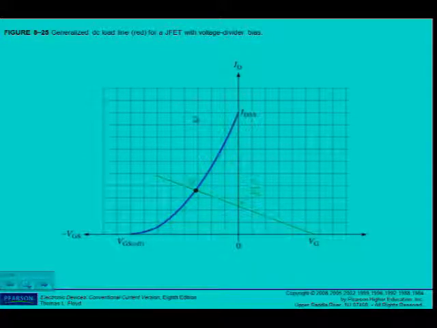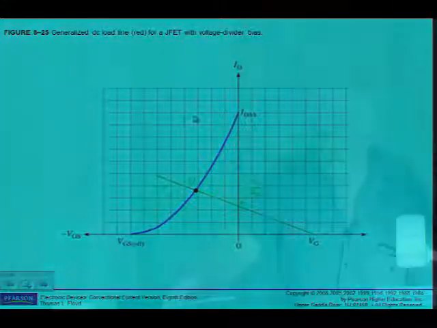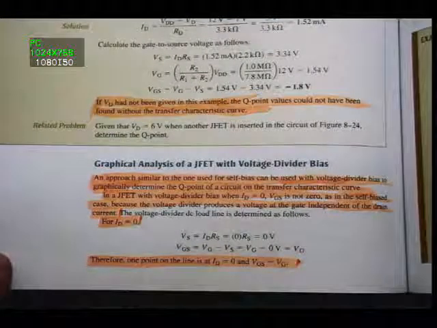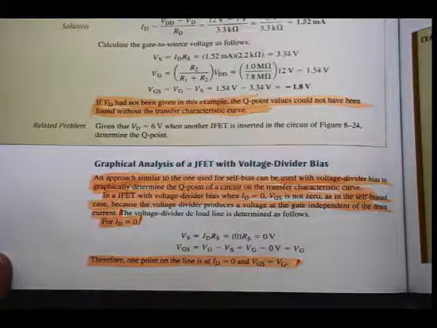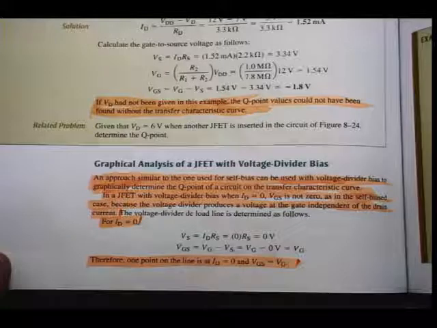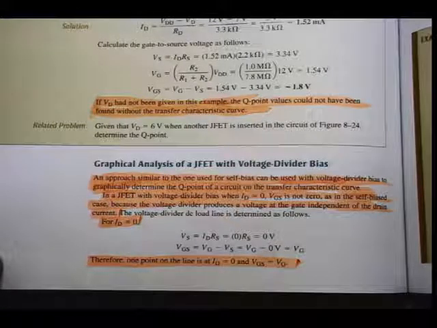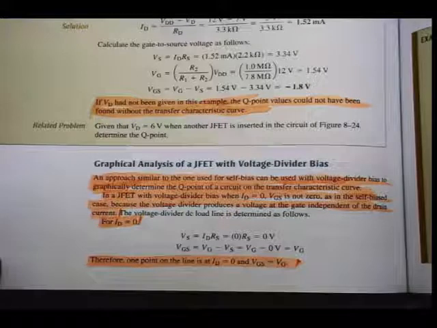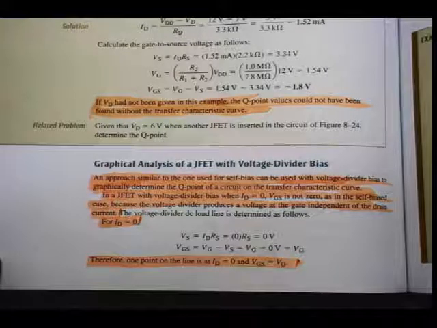Alright, as you can see there in your textbooks as well, it says there, because the voltage divider produces a voltage at the gate independent of the drain current. Independent of the drain current. When we look at the formulas there, when ID is equal to 0, VS is equal to ID times RS, which will give me 0, but VGS, which is VG minus VS, is VG minus 0.